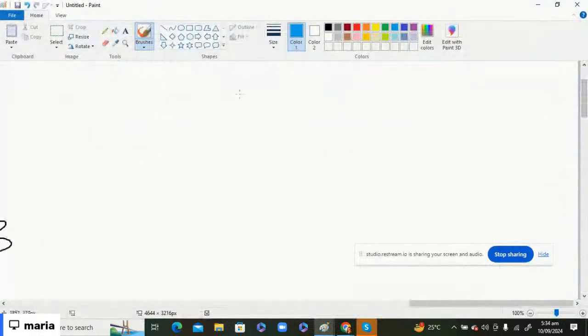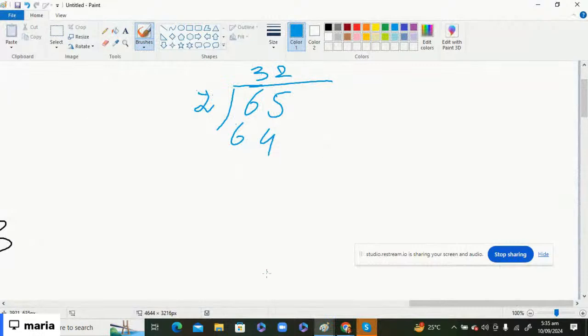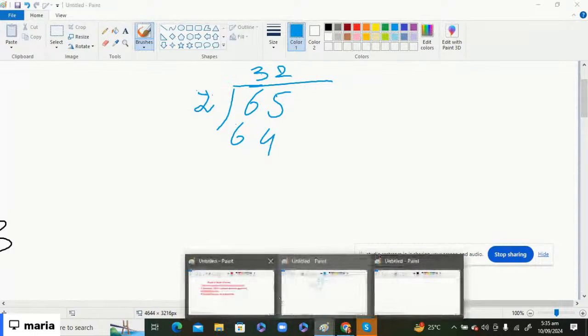So for example, it's 65 when you divide over 2, the answer is in the form of points, so 2 is cancelled.